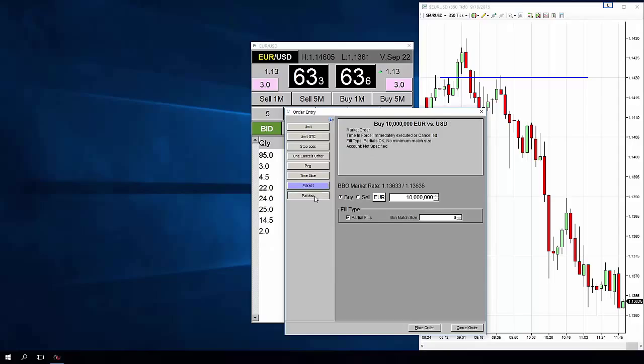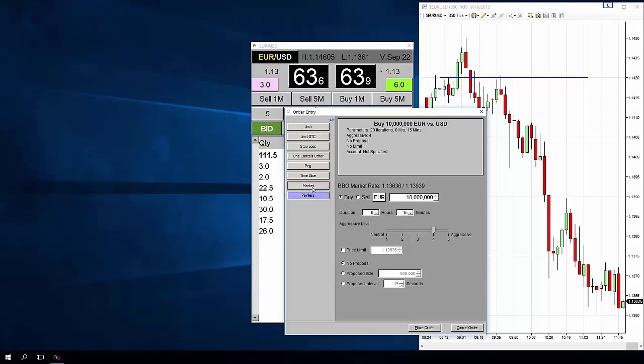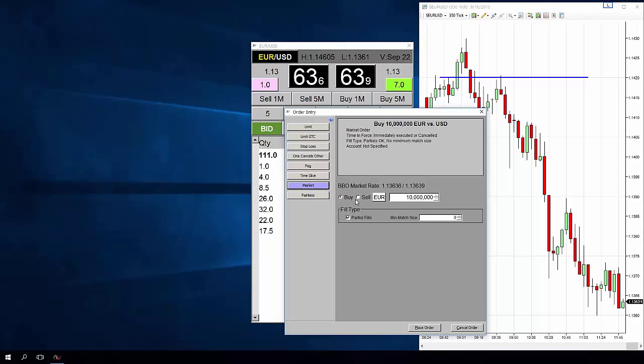For example, I want to buy 10 million, right? First of all, I click partial fills because I know I'm not going to get filled on 10 million in one click, right? I showed you on my account. I bought like 200 lots, right?